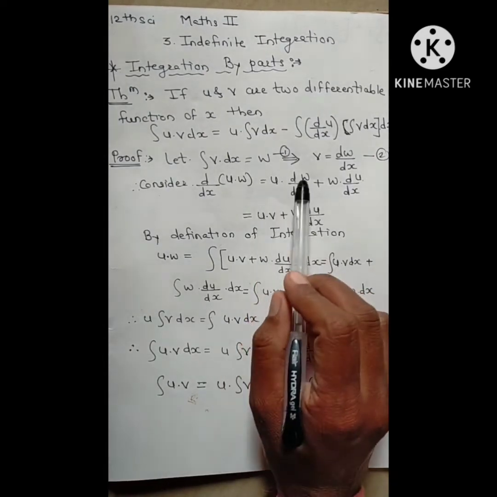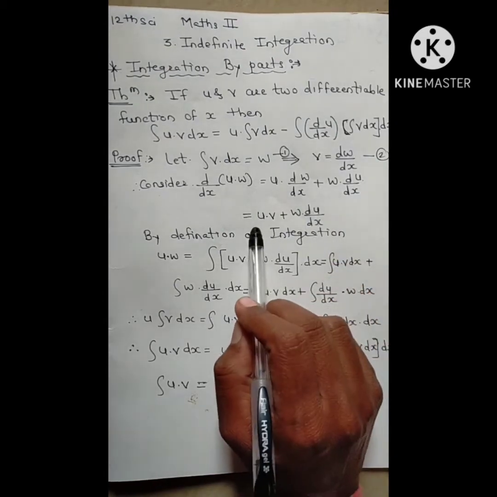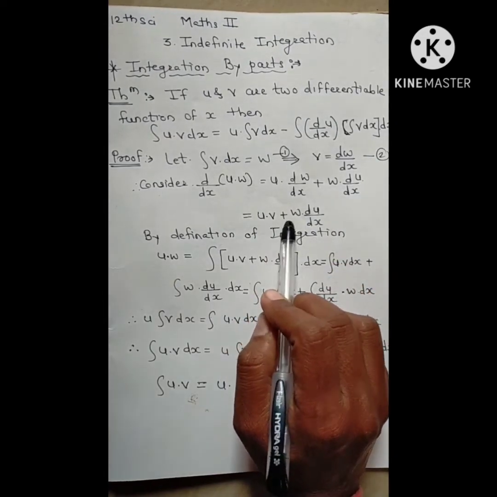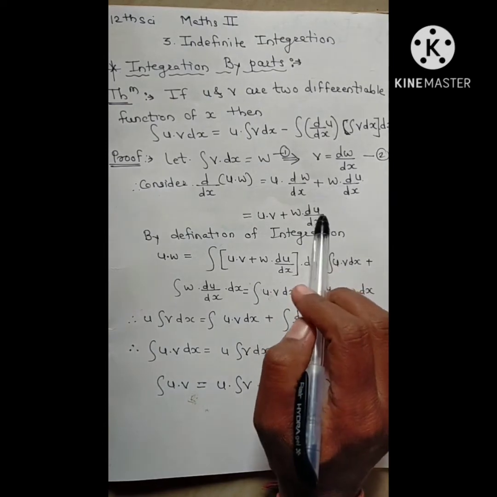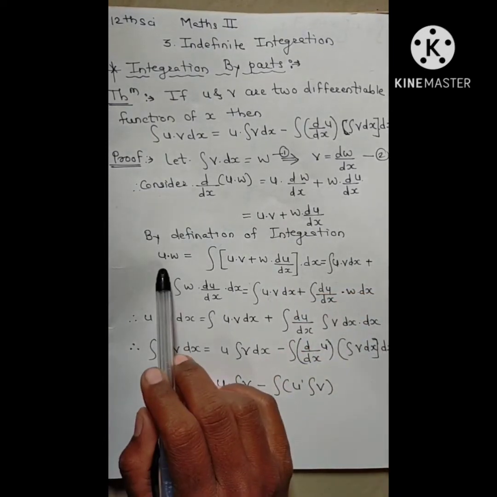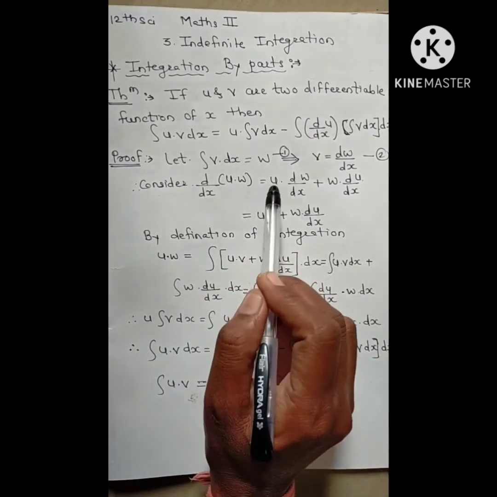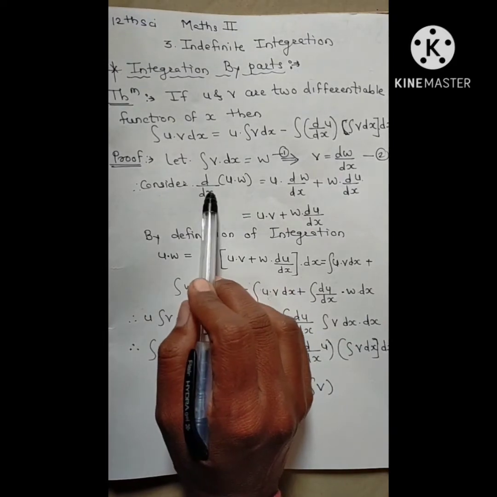Here u as it is and the value of dw by dx is v. So we get u into v plus w as it is du by dx. By the definition of integration, taking integration on both sides, the integration and derivative get cancelled.